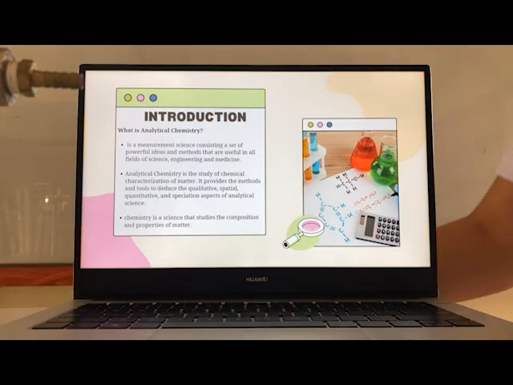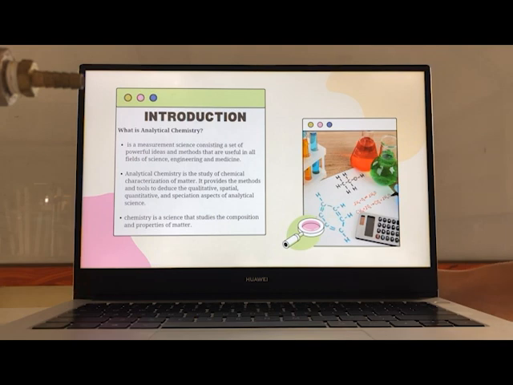So, I am here to introduce what analytical chemistry is. Anachem is a measurement science that consists of a set of powerful ideas and methods that are useful in all fields of sciences, engineering, and medicine. Dili lang nagastik sa ato ang mga medtech students ang chemistry, ang analytical chemistry.